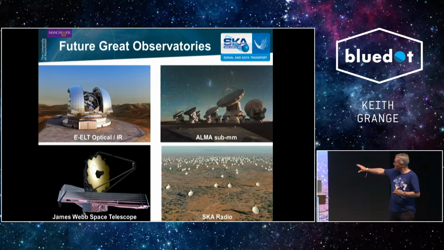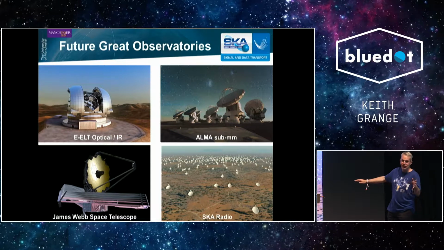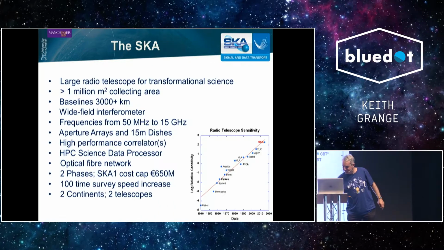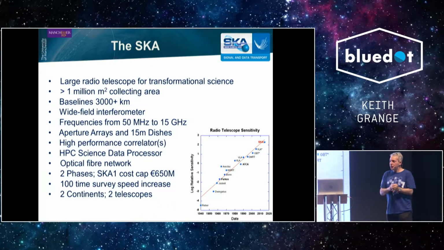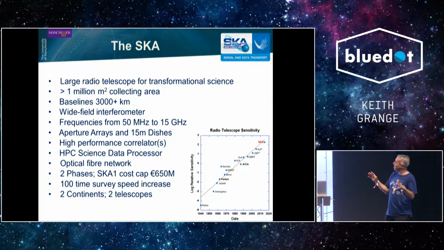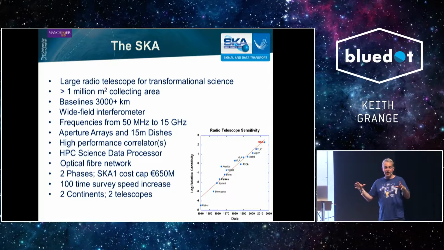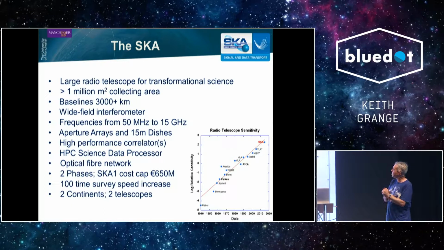And then the telescope that I'm going to spend the rest of today talking to you about, or the rest of the 45 minutes, don't worry, is going to be the SKA working in the radio wave band. So a potted summary of the SKA is that it's a very large radio telescope for delivering really transformational science, and has a total collecting area of 1,000 square meters, hence the square kilometre in the array in the name.